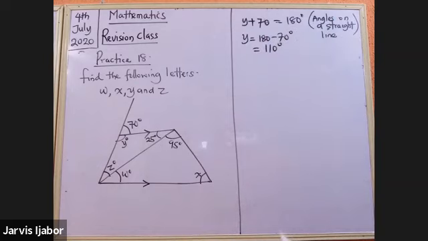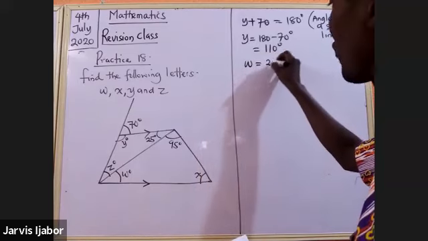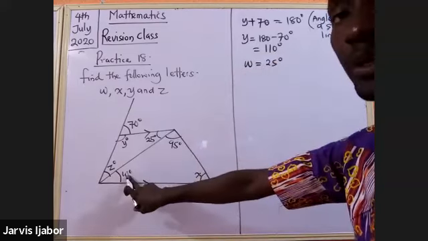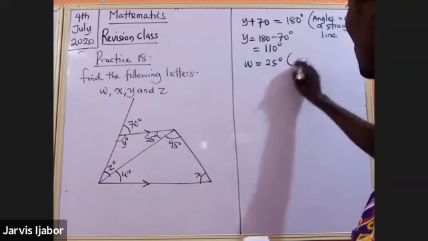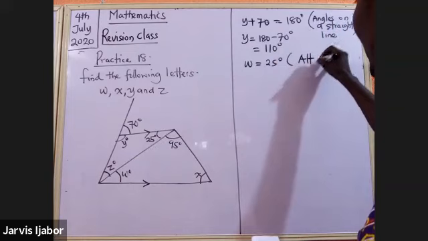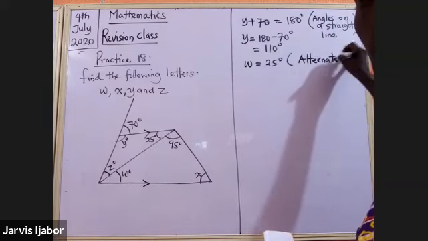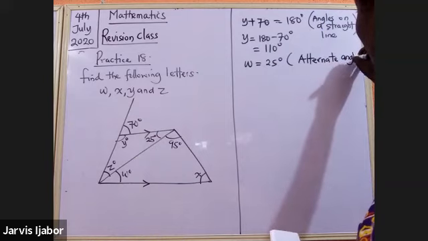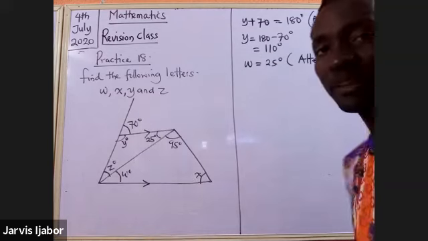That settles that. Now, what's the next thing you do? Look at it again. W is equal to 25 degrees. What's the reason? Alternate angles. Let me write it in full. Alternate angles. If I were taking a higher class, I would use another method.